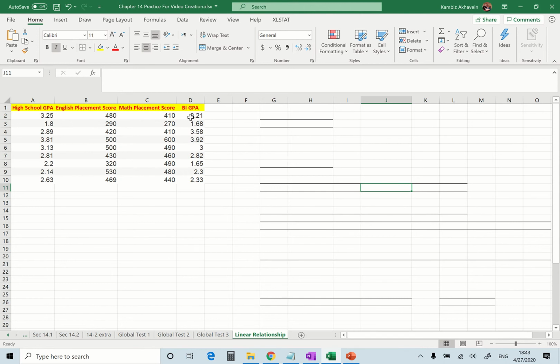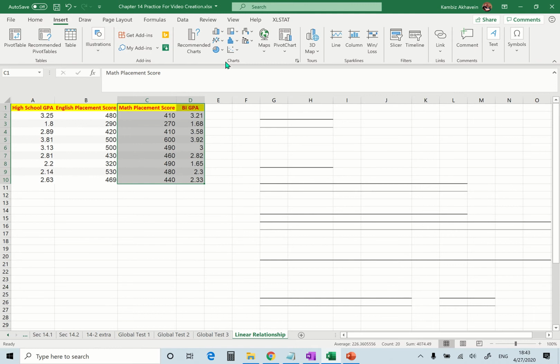So the first thing that I would do is to do a scatter diagram, just like the one that I learned in Stat 101 or in chapter 13. So I go ahead and take these two. This is the dependent, this is the independent. I go to insert.